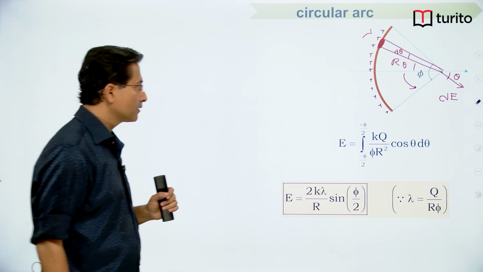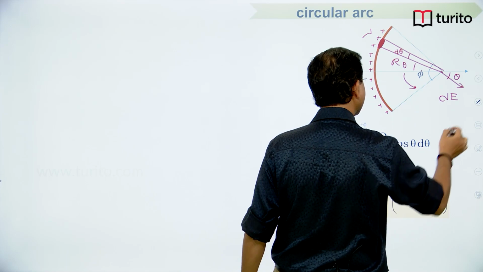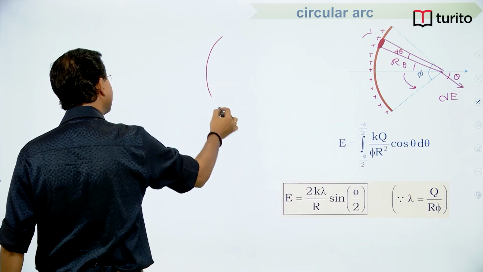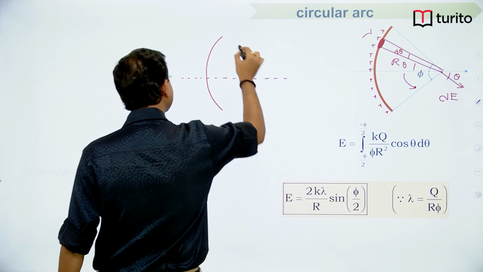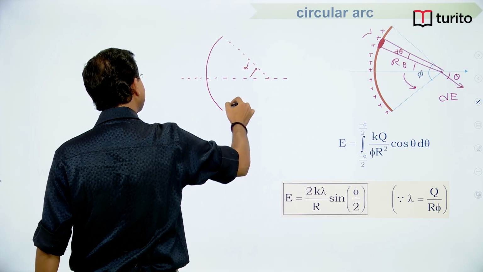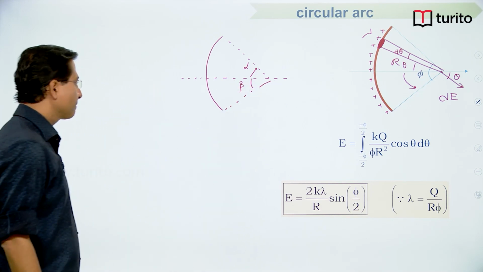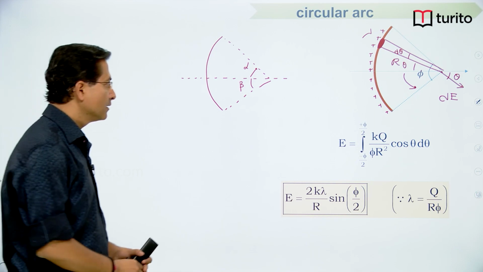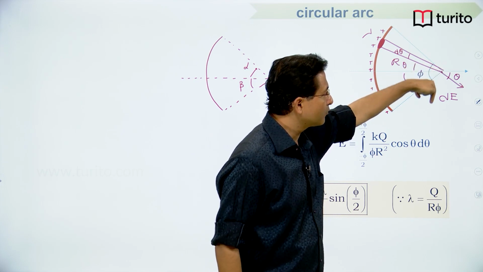Now look at this point. Say I have taken an arc. Here let us say the angle is alpha, this angle is beta. That means now I will get 2 components. I have to integrate this component and I have to integrate another component.